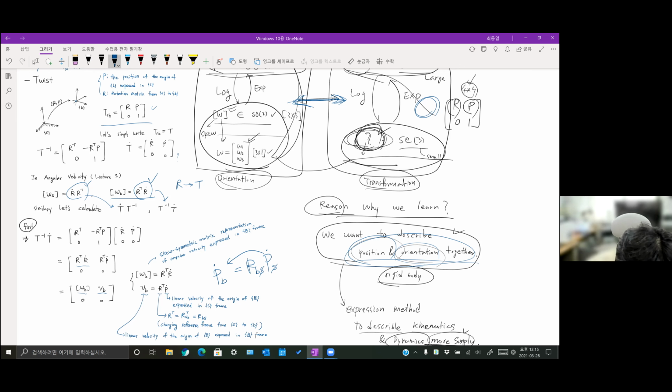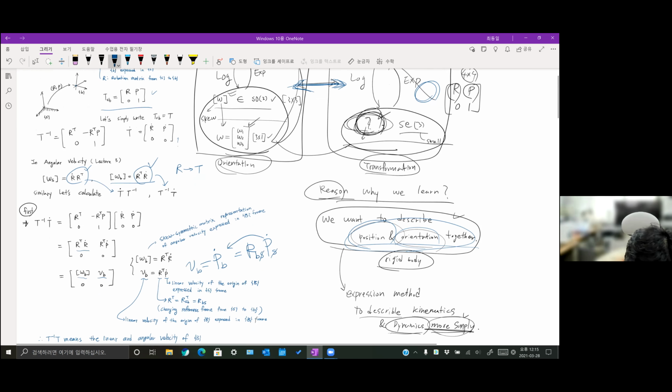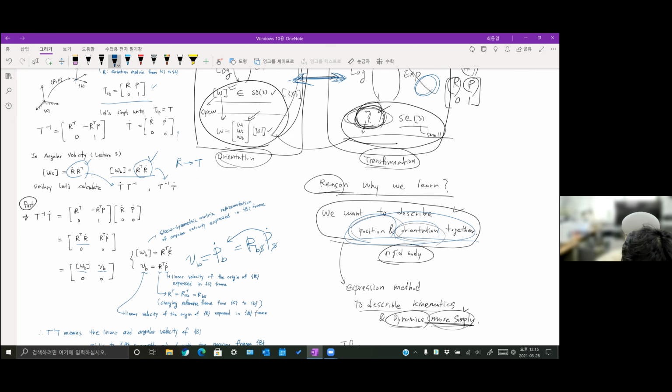And we simply express this one as V_B. So it means by multiplying R transpose, we change the reference frame of velocity from S to B. So this one means the linear velocity of the origin of B expressed in B frame. So that is the meaning of V_B.